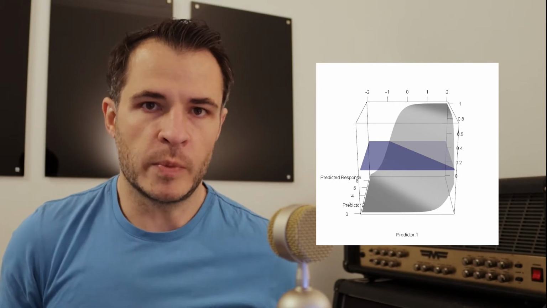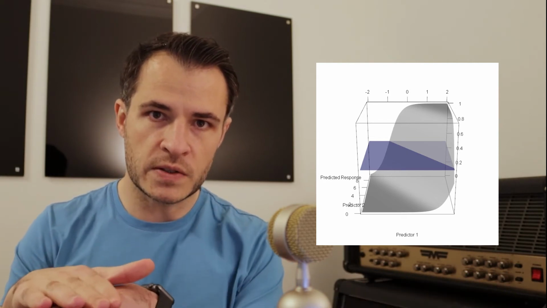Okay, and remember our decision rule says that whenever that probability is above 0.5, we'll classify as 1. When it's below 0.5, we'll classify as 0. Okay, so if you think of that probability surface as your predictions, then you can think of the decision rule as another plane which passes through that surface.